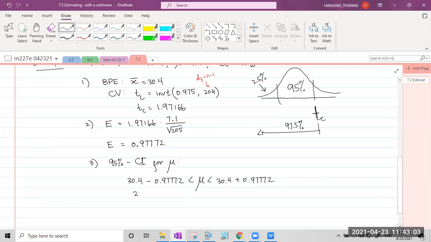That's 29.4228 less than mu less than 31.37772.